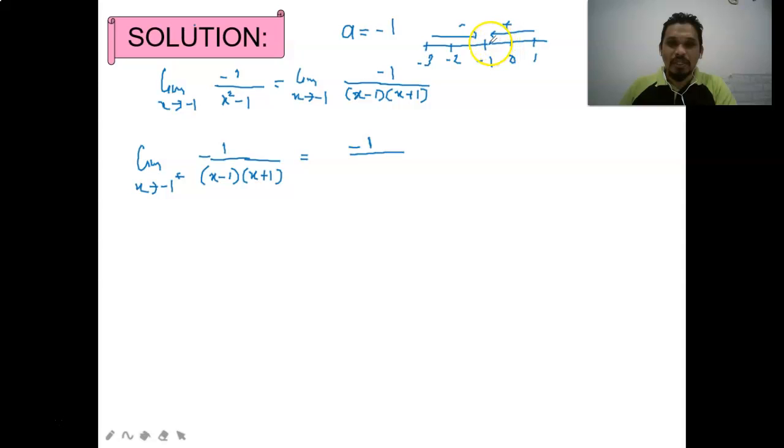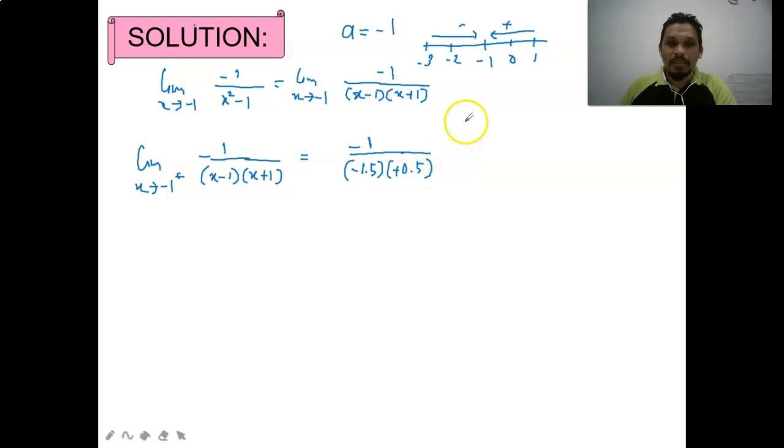X is approaching negative 1 from the right side, so let's say the value of x is negative 0.5. Negative 0.5 minus 1 equals negative 1.5. And when x is negative 0.5 plus 1, it gives you positive 0.5.